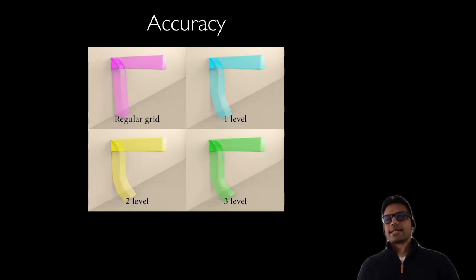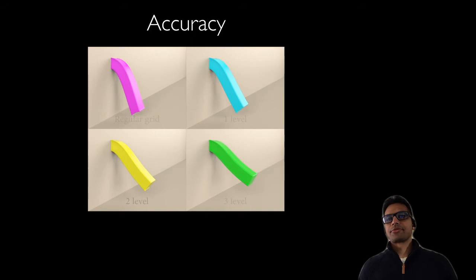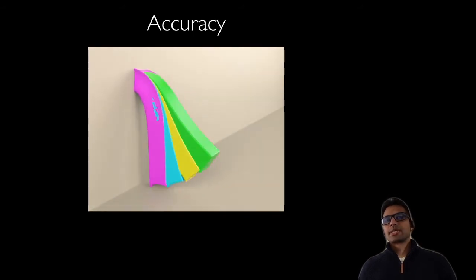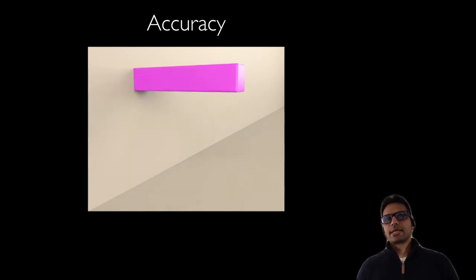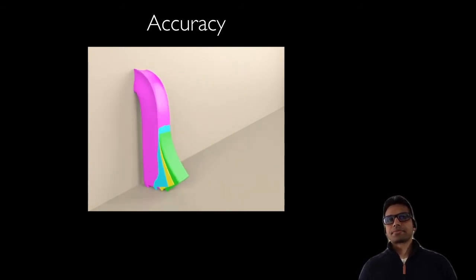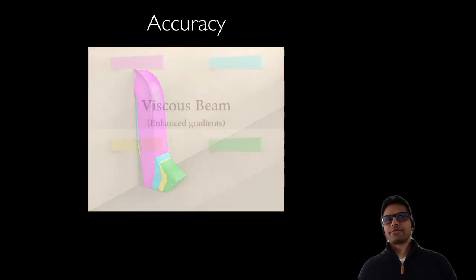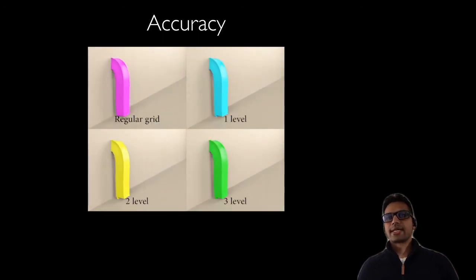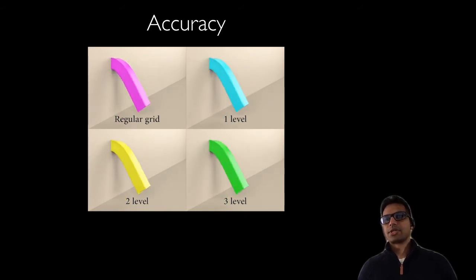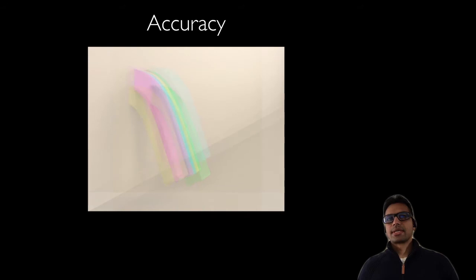So as you can see, the green solution that has three levels of refinement produces a beam that is much stiffer compared to the pink solution, which is the uniform grid solution. So you have to basically be careful to lift the accuracy of the operator to second order, which is what we ended up doing. And with that in place, we can get solutions with multiple different resolutions that reflect the accuracy of the uniform grid solution.